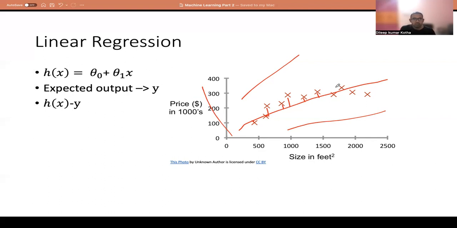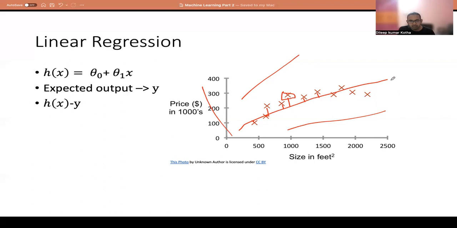So I'm calling a term here, loss function, which is nothing but, for a given single training data, the deviation from the calculated value to the expected value. We call this the loss for the training data.